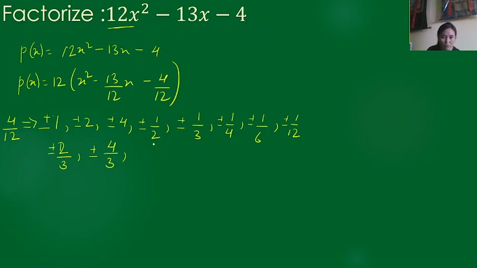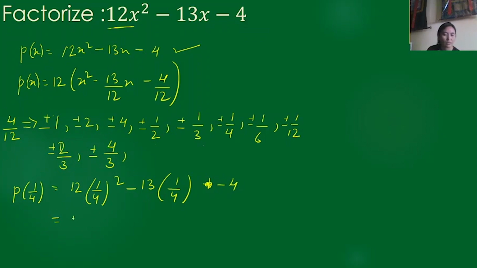So first let's take p of 1 by 4, which is equal to 12 times, instead of x we have to write 1 by 4 square, and then minus 13 times 1 by 4, and minus 4. So here you will get 12 into 1 by 16, minus 13 by 4 minus 4.